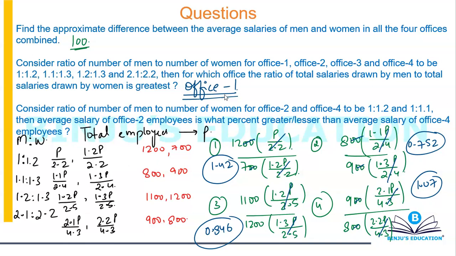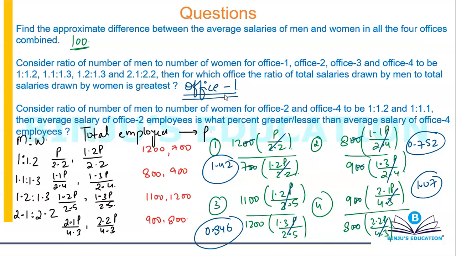No, it's not required. The reason being that when the total number of employees is equal, you need to understand that if 1x plus 1.2x, that's for office 1, is equal to some quantity P, then 1.1y plus 1.3y, that is for office B, will also be equal to P, because the total number of employees is equal.